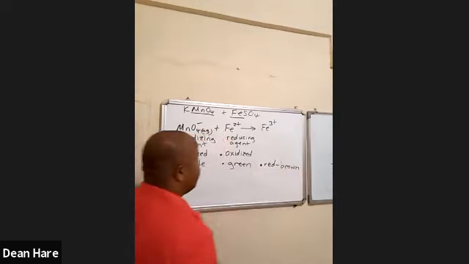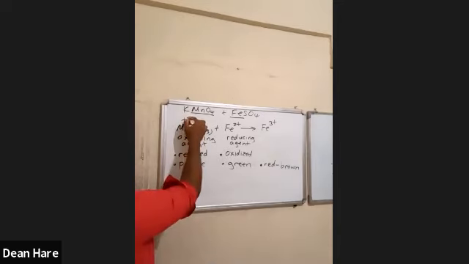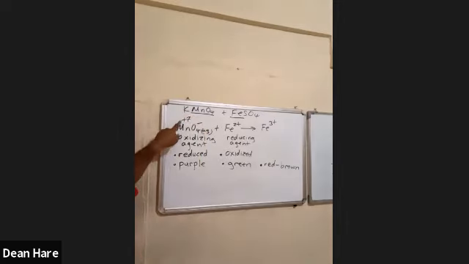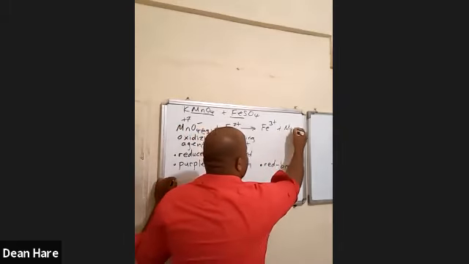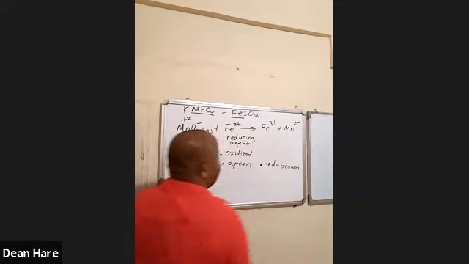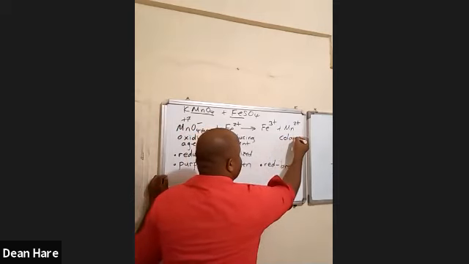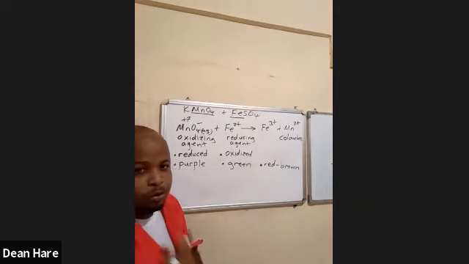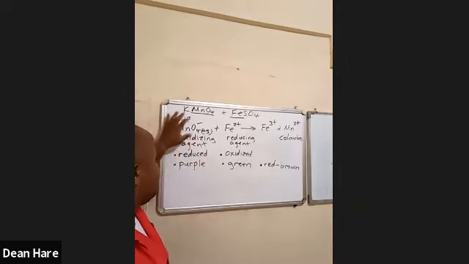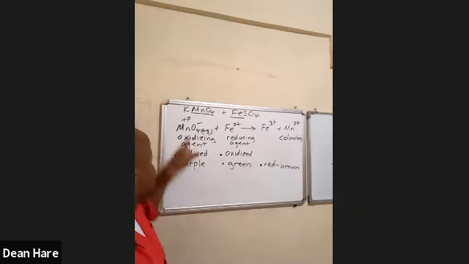All right. Now, the permanganate ion in this reaction is going to be reduced from the +7 oxidation state to the +2 oxidation state. Now, in this state, it will appear colorless. So that is why when you see that observation of the potassium permanganate going from purple to colorless, it's decolorized.